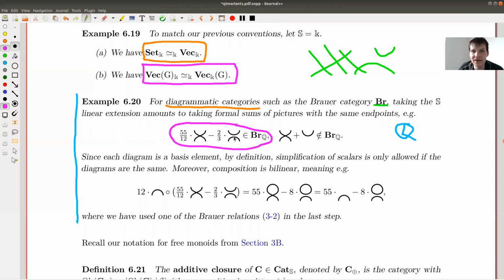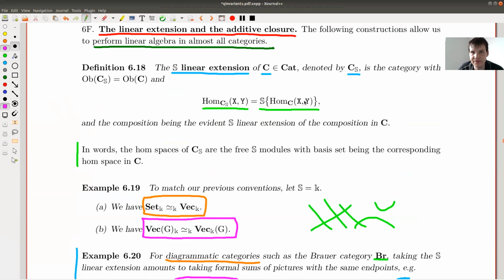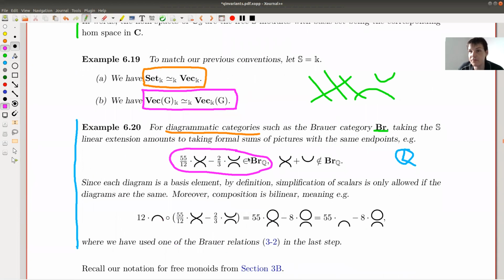The only requirement I have is that things that I add are always from the same home space. So this doesn't make sense otherwise. In Brauer, this just means things that I can add have the same starting points and the same endpoints. But if they have the same starting and endpoints, I can add as many of them as I want.